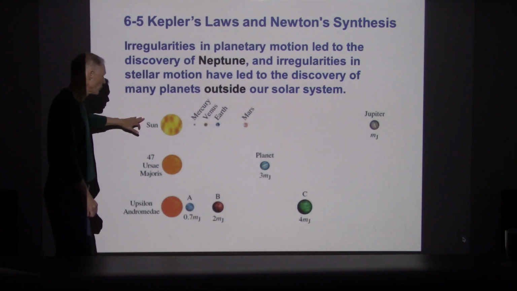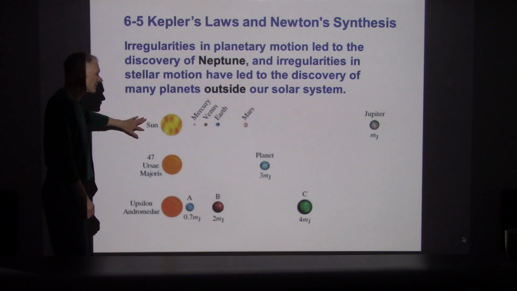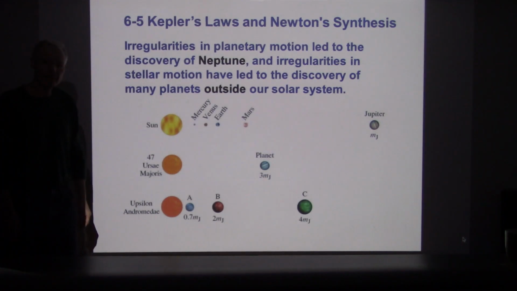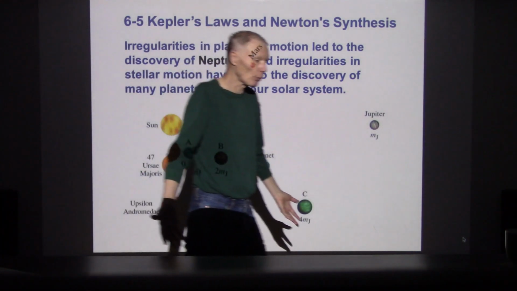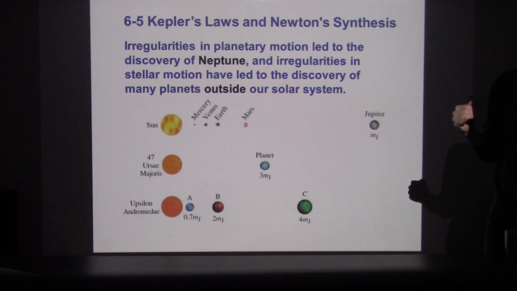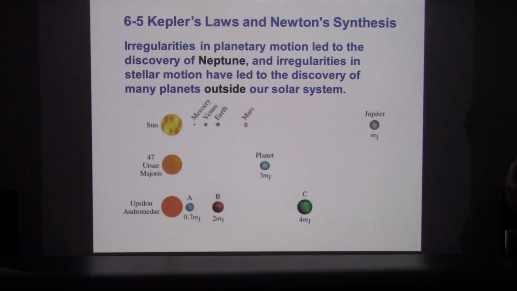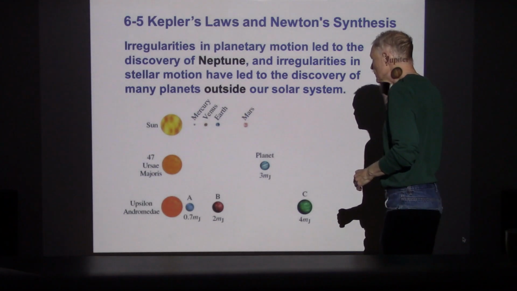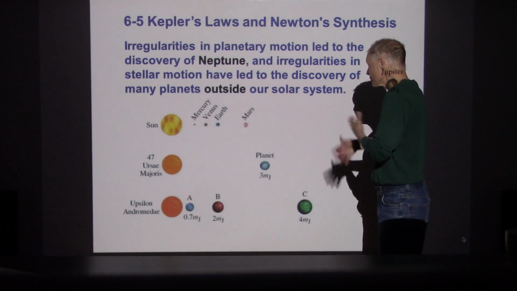These are the planetary system in our solar system, but astronomers now have discovered other planetary systems. As you probably know, maybe not, astronomers have begun to assemble lists of planets orbiting other stars. And in some cases, there are several.